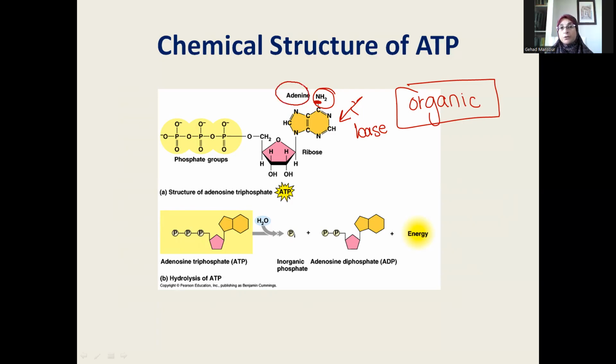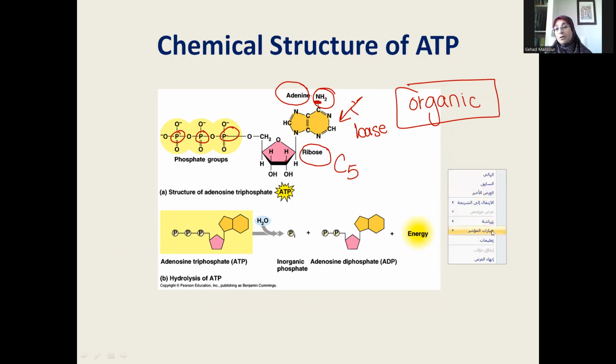You don't have to study the formula, you just have to identify it. So adenine, and then it is connected to a pentose sugar called ribose. And then here we have 3 phosphate groups attached to adenine and to the ribose.